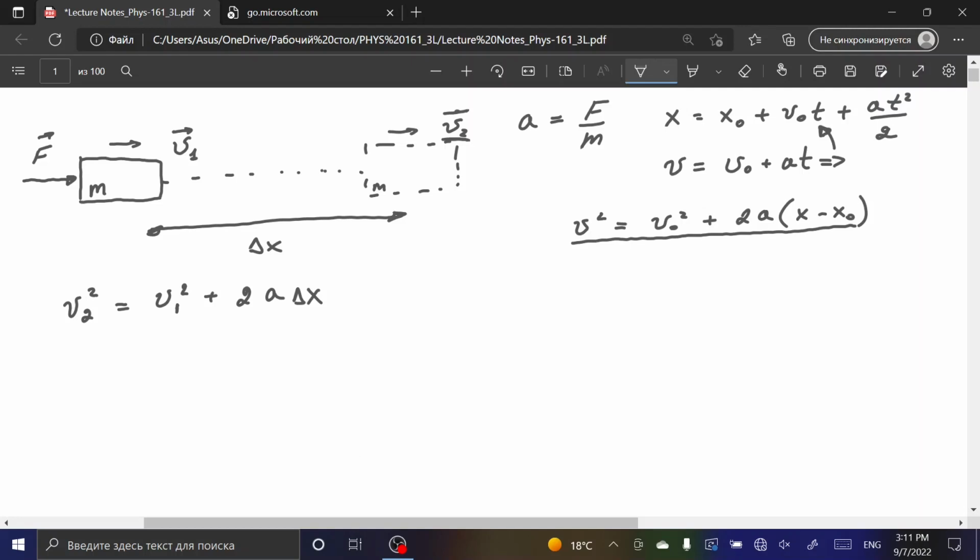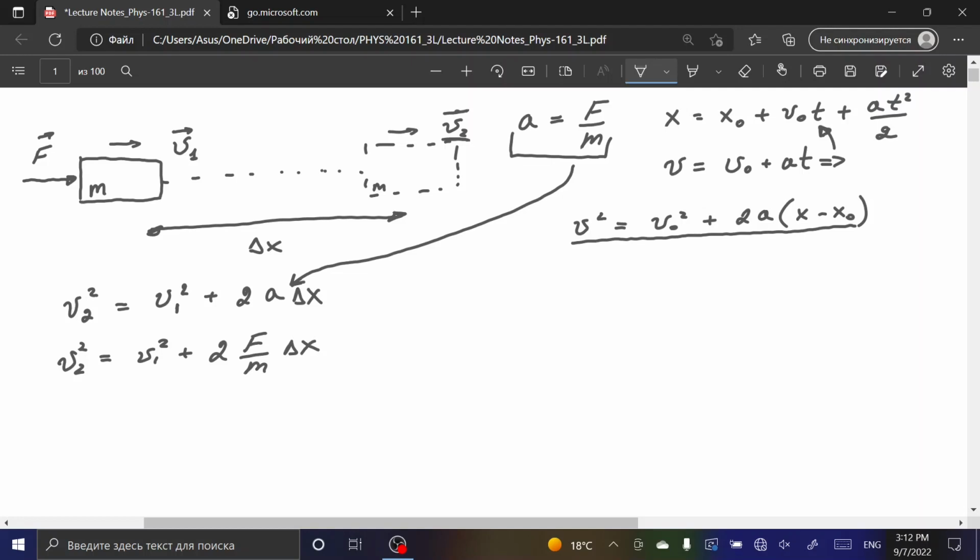Okay, we know how we express acceleration in this case, and we can now substitute it here. Instead of acceleration, we will write F divided by m. So let's write it down: v2 square is equal to v1 square plus 2 times F divided by m times delta x.